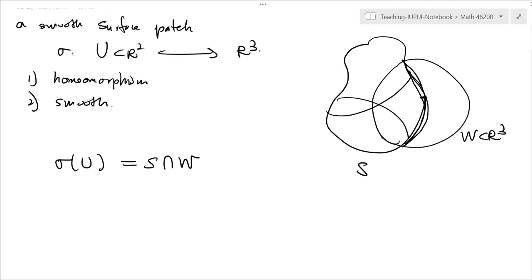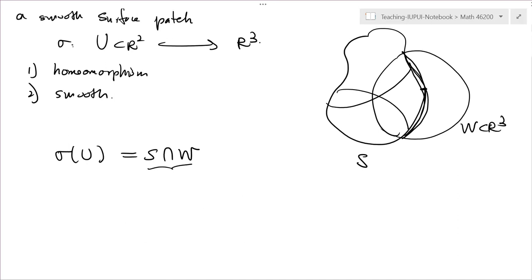So if the surface is covered by those open sets, each open set is going to be an image of a smooth surface patch. It's called a surface. And we actually require another property. This must be regular.